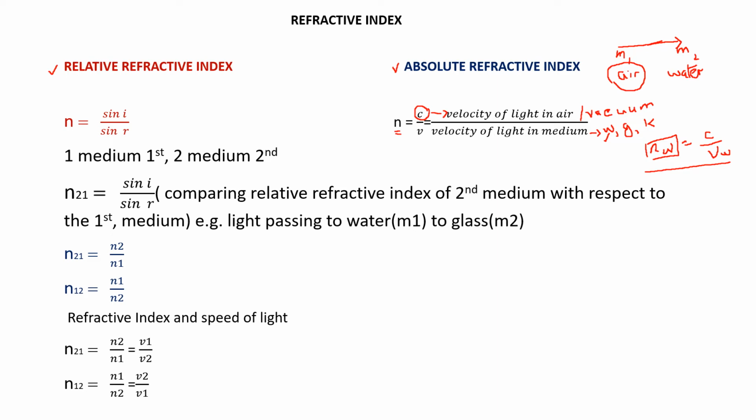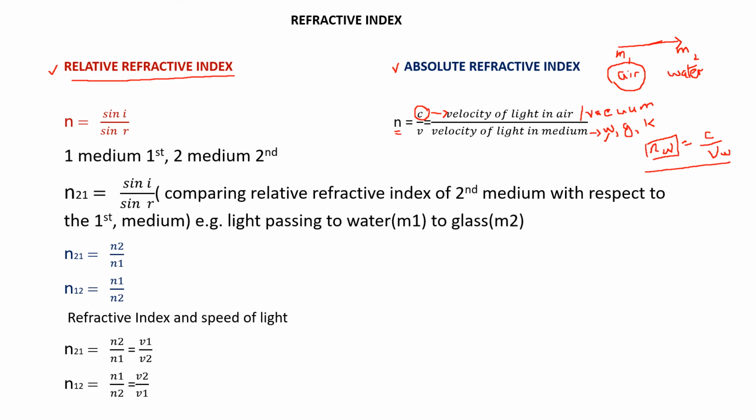Now coming to the relative refractive index. This is a very important point and you should pay a lot of attention. You should understand the concept because most of the numericals will be based on this, right? Refractive index n is equal to sine of angle of incidence to the sine of angle of refraction, right?